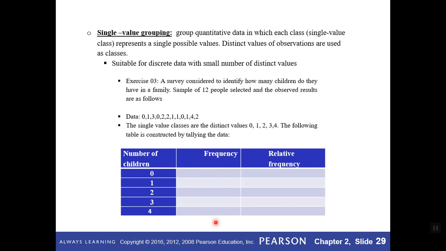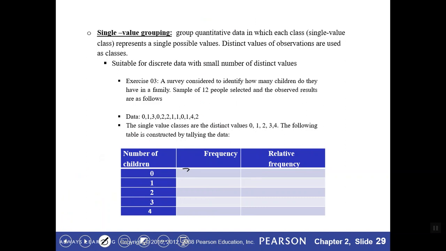You can mention the frequencies. When you come to the relative frequency, what is the total value here? It should be 12. They have mentioned 12 people, so the total frequency, or total number of people, is 12. For the relative frequencies you have to divide each frequency by 12. So let me write it down. This frequency: how many zeros? 3 zeros.